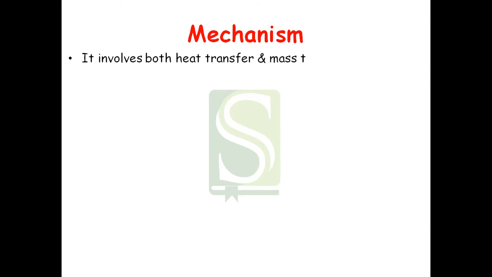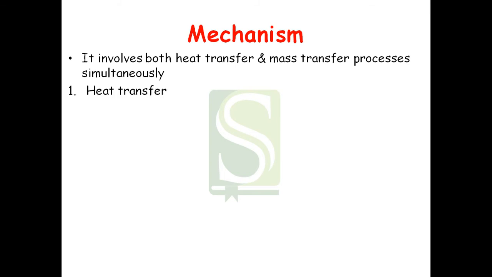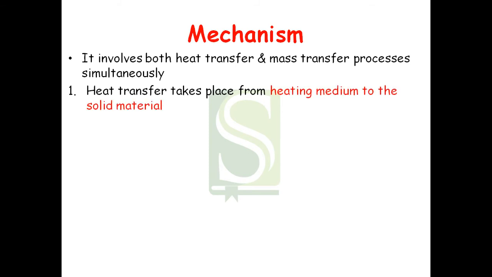Now let us see the mechanisms of drying. Drying involves both the processes of heat transfer and mass transfer simultaneously. Heat transfer takes place from the heating medium to the solid material. If you are using hot air, the air is going to give out its heat to the surface of the solid material. This is termed heat transfer.